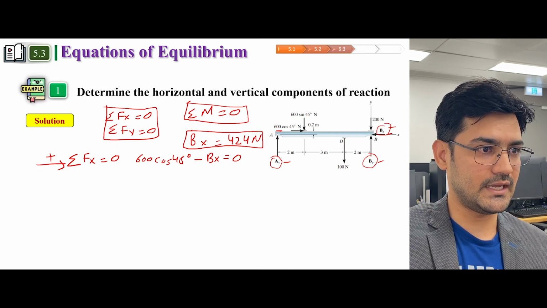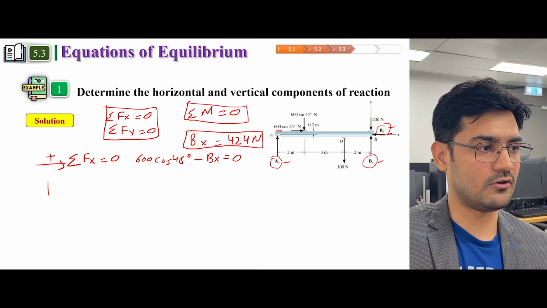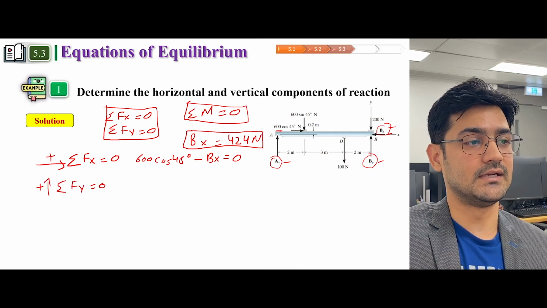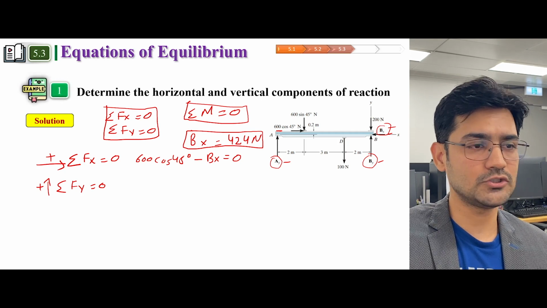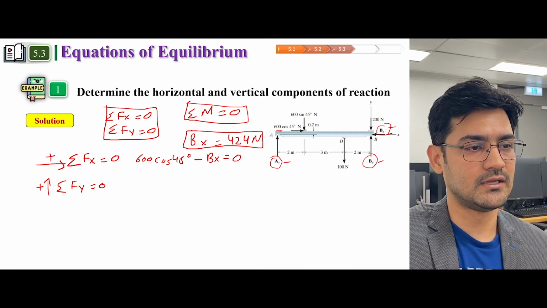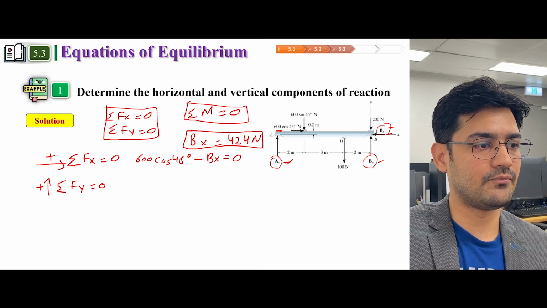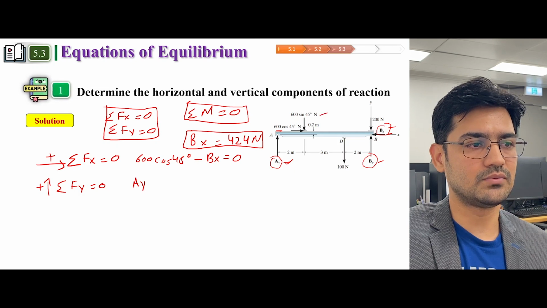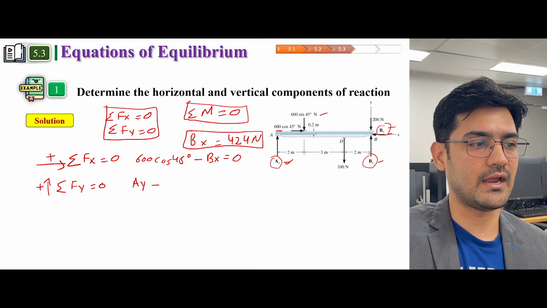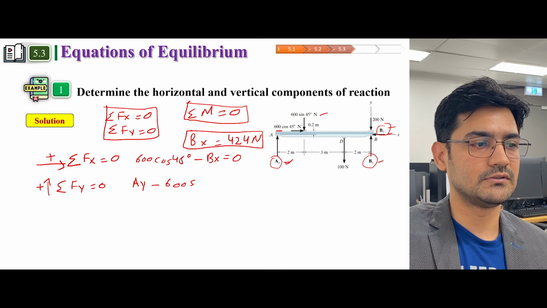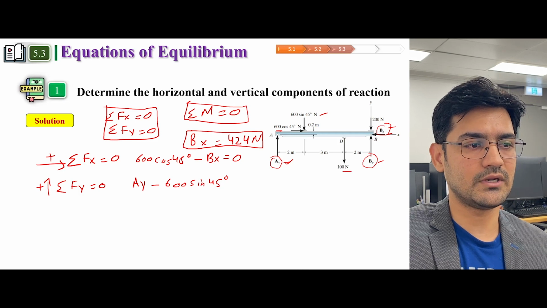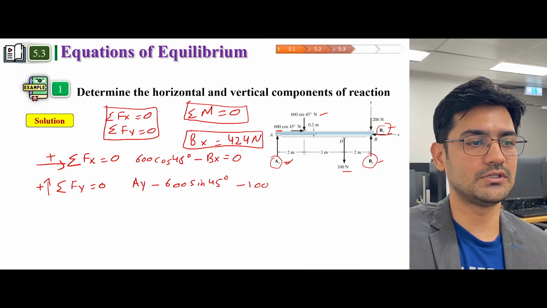Now the next step is to do summation of all the forces on y-axis is equal to 0. So how many forces are acting on the y-axis? One is this one, it's acting upwards, so I will just put positive with this, and this is ay, and this one is acting downwards, so negative 600 sine of 45 degrees, and this one is also negative because it's acting downwards.